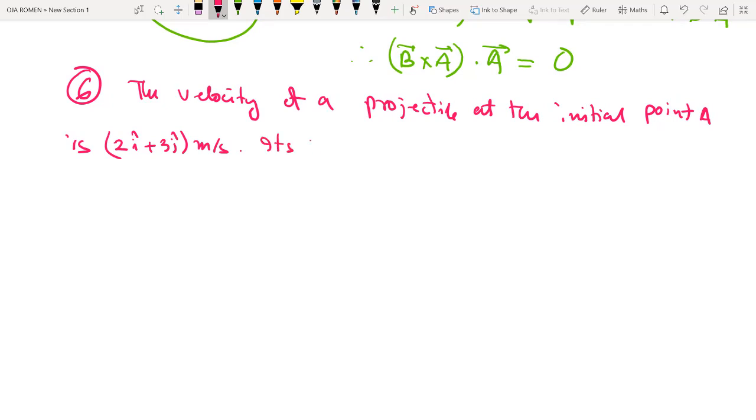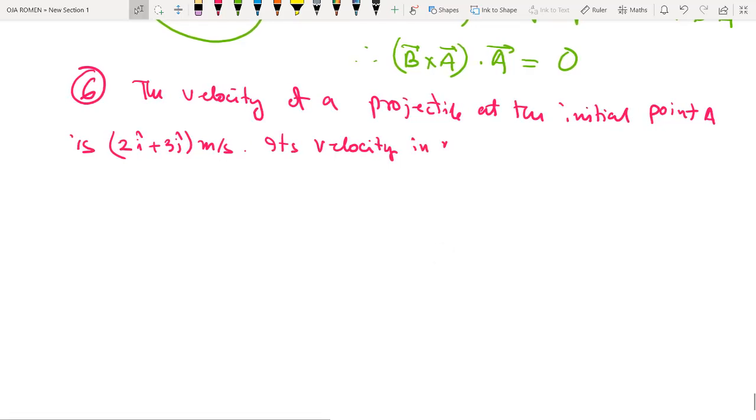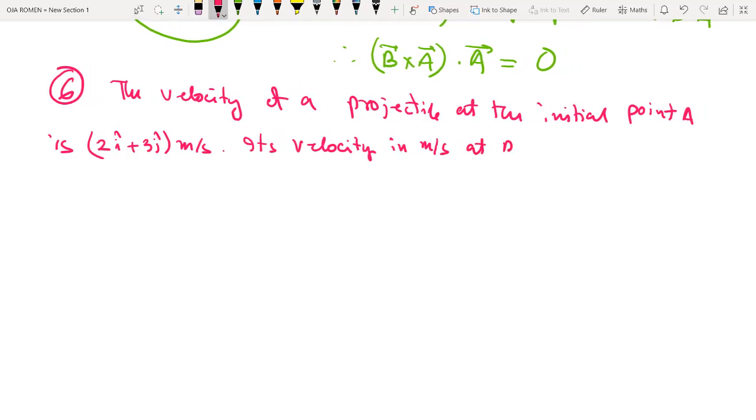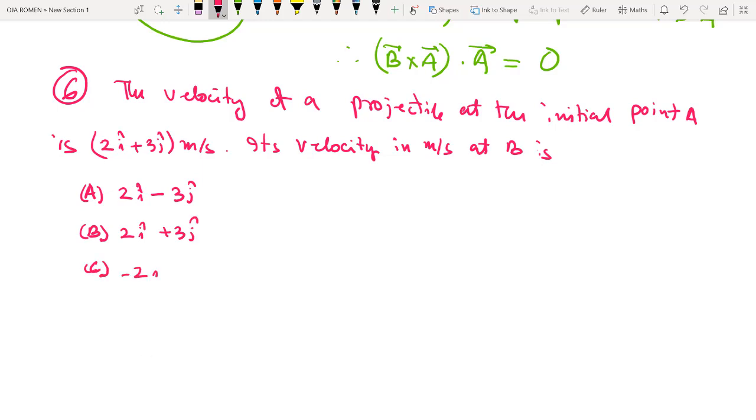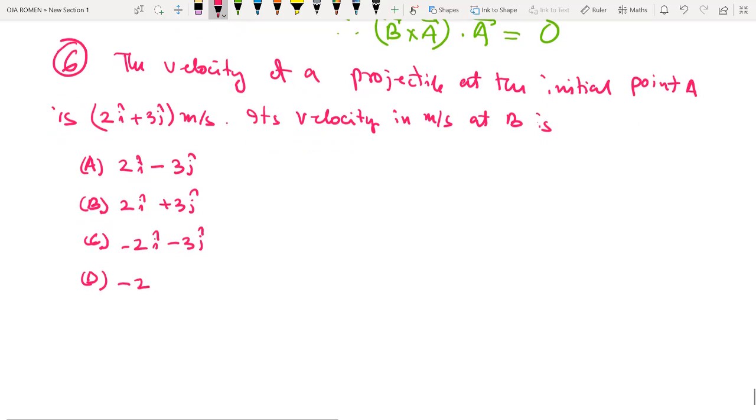Its velocity in meter per second at B is: option A, 2i minus 3j; B, 2i plus 3j; C, minus 2i minus 3j; D, minus 2i plus 3j.